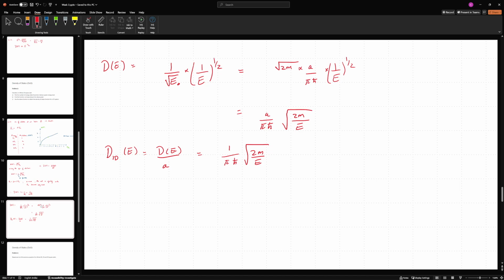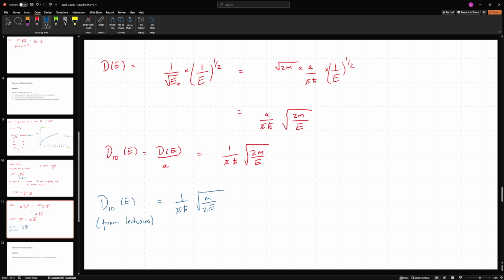Now, the actual d1d of E that you might have derived in the class will look like this. So d1d of E from lectures is 1 upon pi h bar square root of m divided by 2E. So you'll see that the d1d that I have derived has an extra factor of 2.